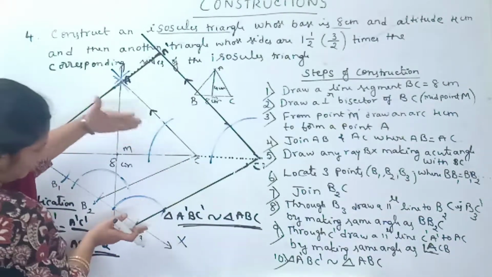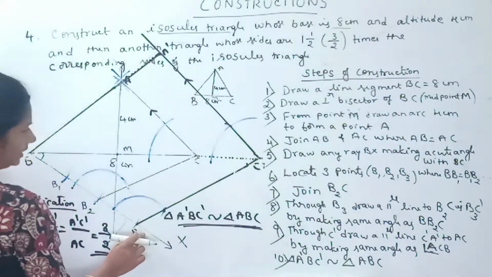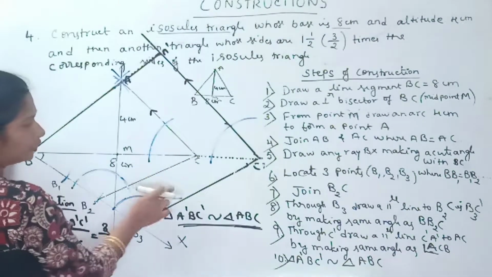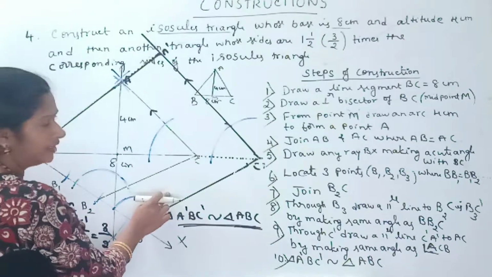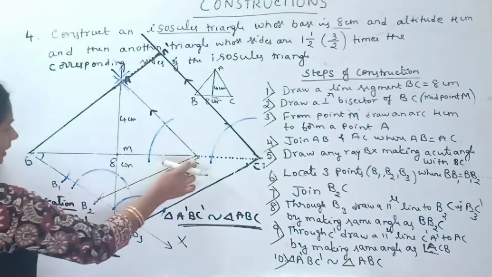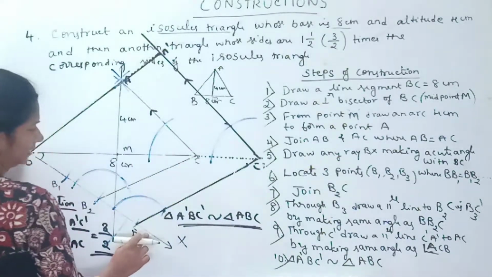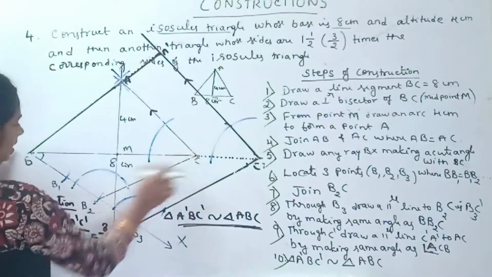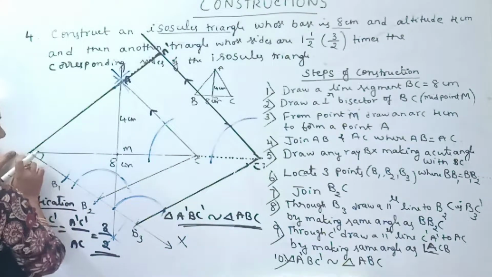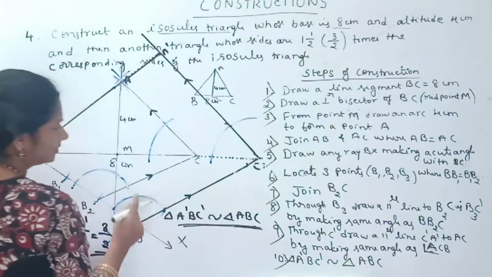Similarly, the other two triangles you have to take, B C dash B3 and B C B2. We have to prove these two triangles are similar. How will you prove, children? Now in triangle BC B2 and triangle BC dash B3, angle CB2B equal to angle C dash B3B, because they are corresponding angles.